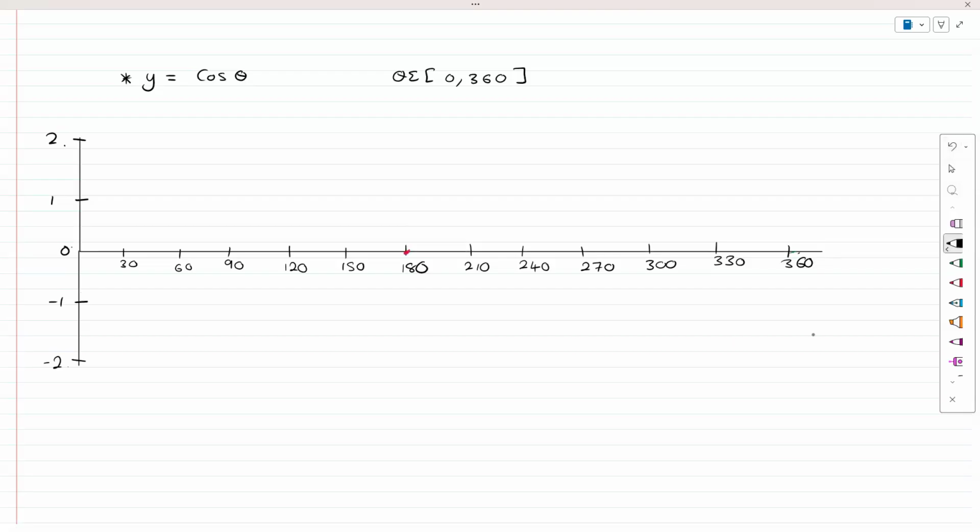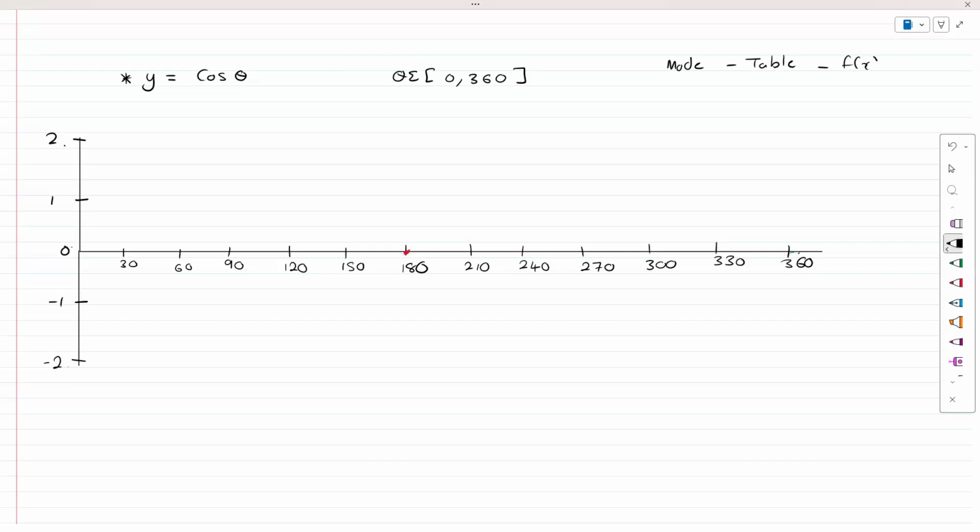Okay, so guys, the next part we're going to deal with is just the normal cos graph. Quite simple. Same rules. Let's start with mode, table.